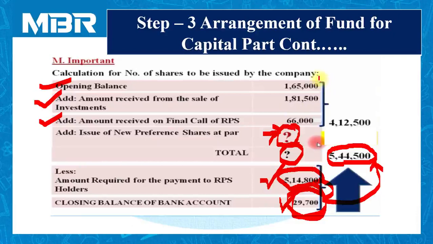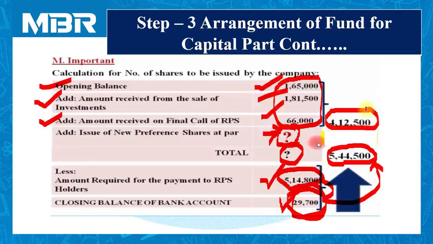On the other hand, we have 4,12,500 on hand. How to calculate this? Simply make the total of available receipts: 1,65,000, 1,81,500 and 66,000. So the total amount available with the company is 4,12,500, and the total amount required by the company is 5,44,500.